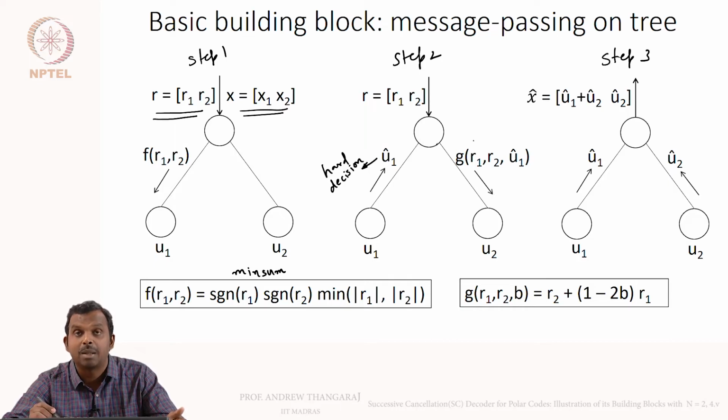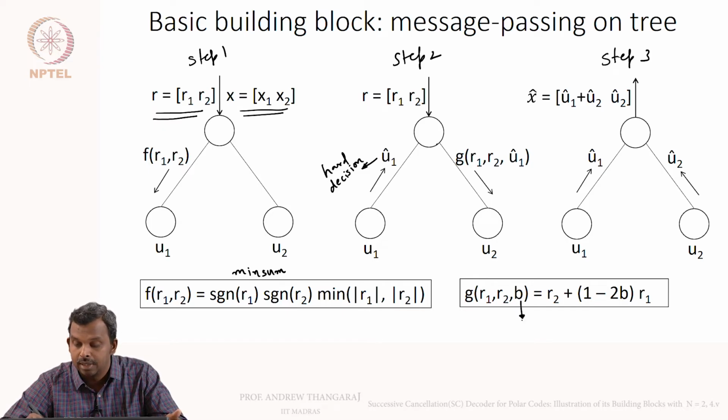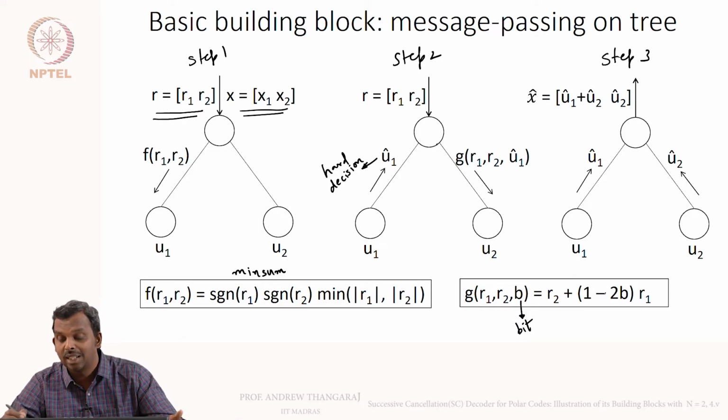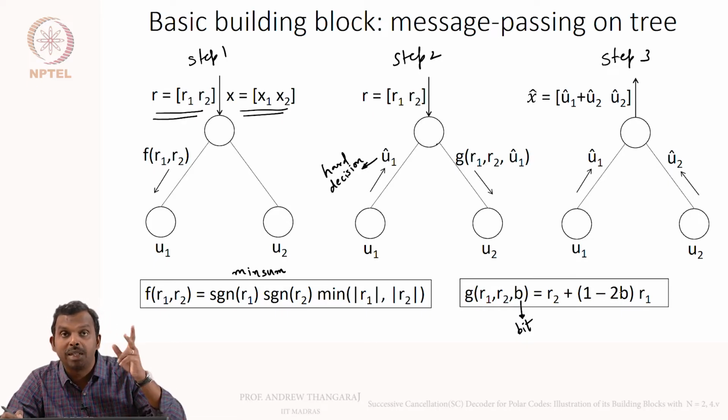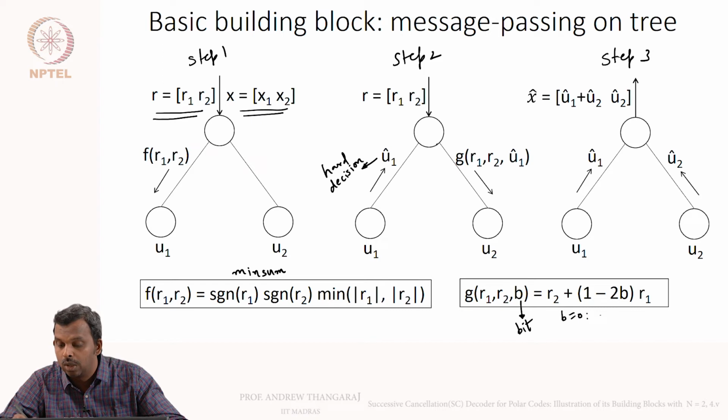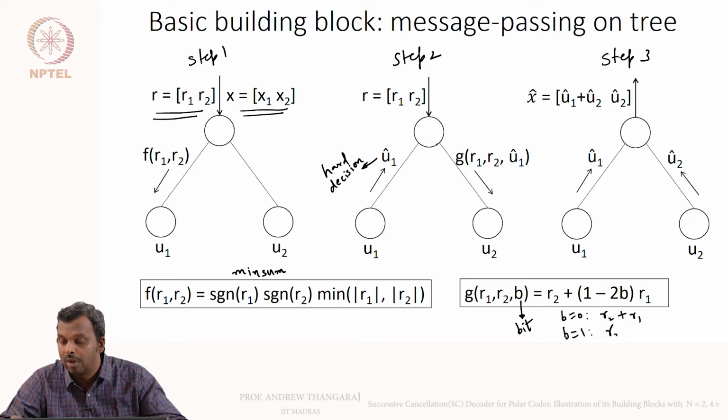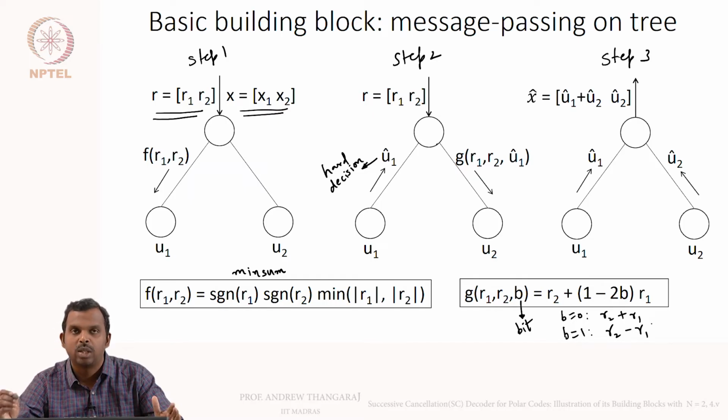And what is that message? That's where the repetition code comes in. I'm going to use this function g, where b is a bit, 0 or 1. This function g succinctly captures the complement situation. If b is 0, you have R2 plus R1, and if b is 1, you have R2 minus R1. This is just a shorthand notation for the complement situation.